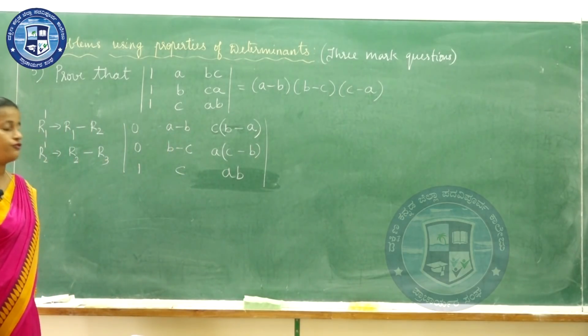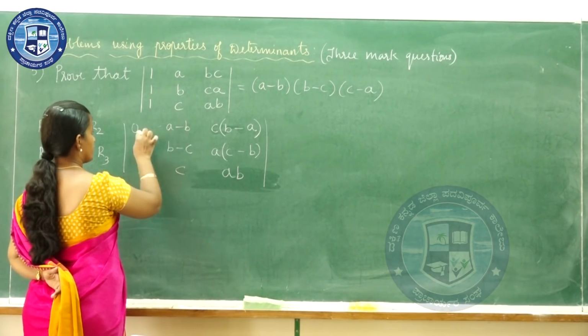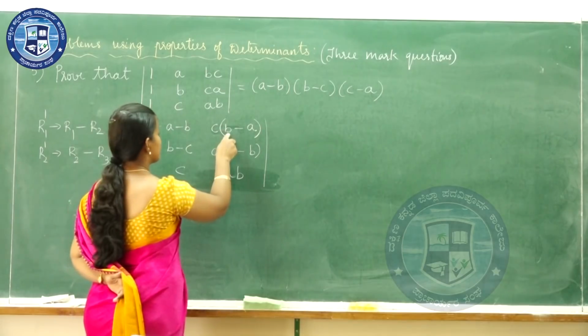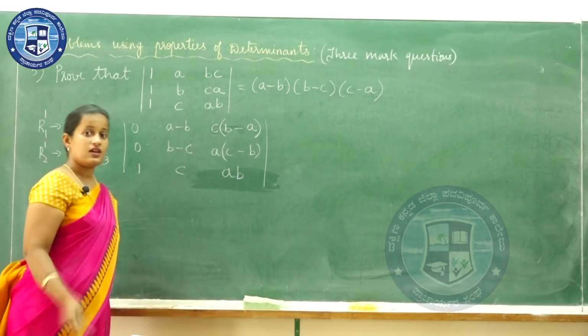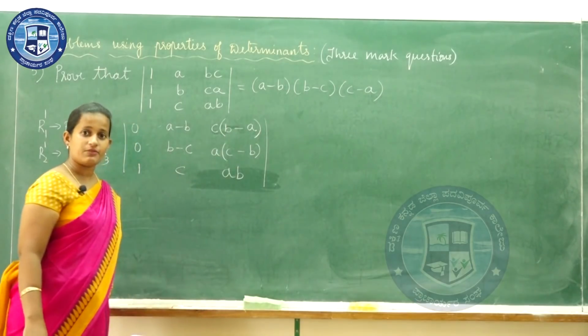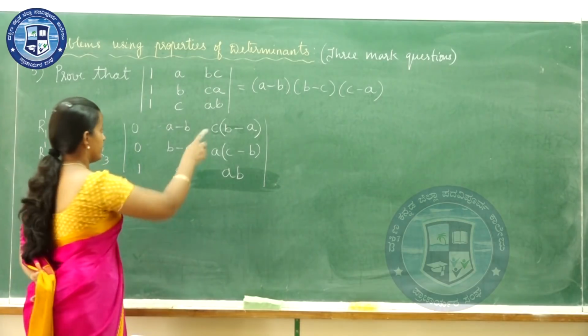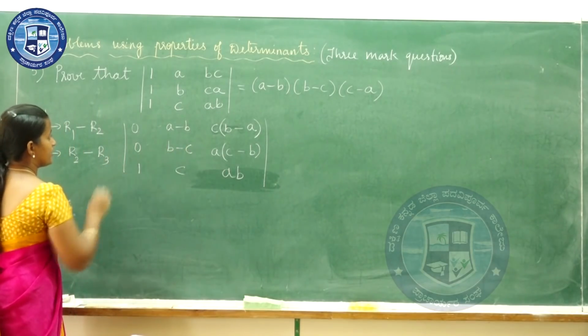Now observe, from the first row, here there is a minus b, from here I can take out, no problem, but here it is b minus a now, it is the reverse. Instead of a minus b, it is now b minus a. What can be done in that case? You have to just take out the minus sign. So that time you will get a minus b.